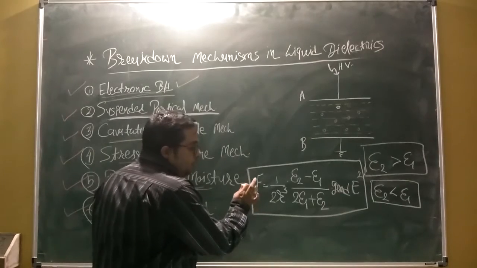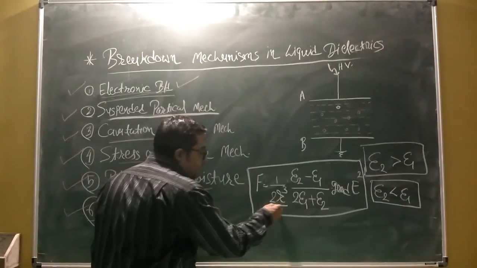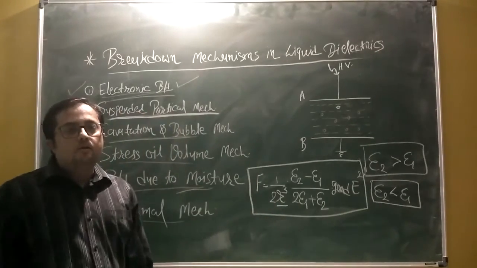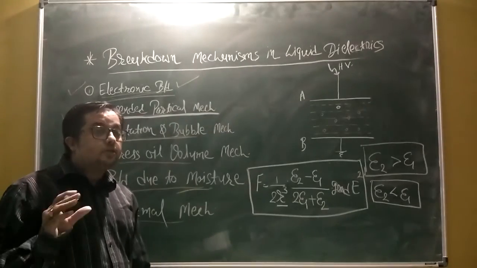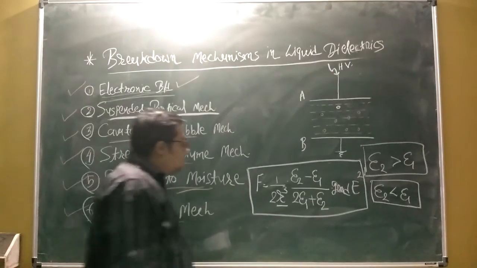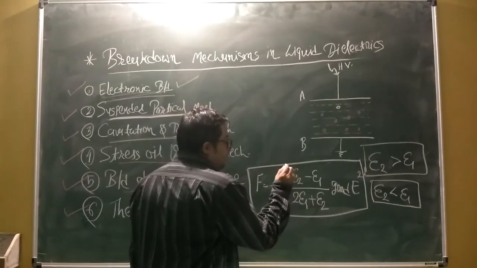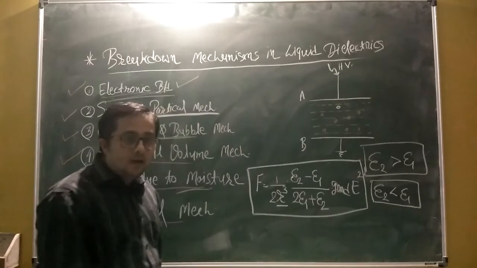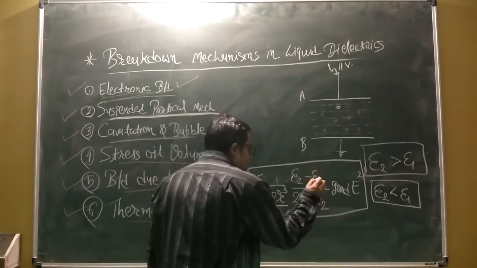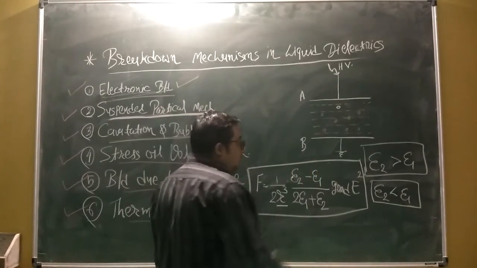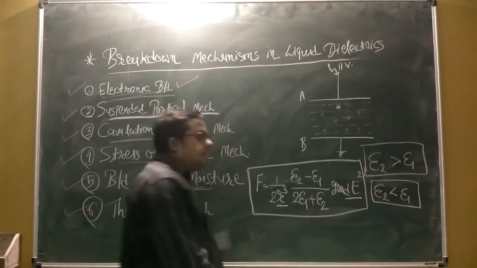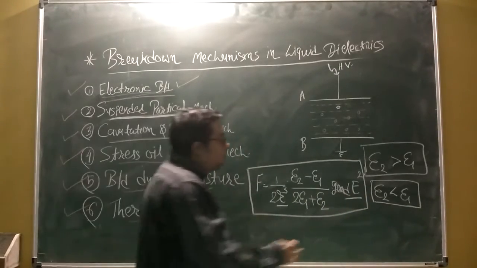So the magnitude of this force depends upon the radius of the particle if we are considering the spherical one. Okay, so shape and size of the particles, it depends upon the relative permittivity of the particle, it will depend upon relative permittivity of the oil or the liquid and the gradient of E square.